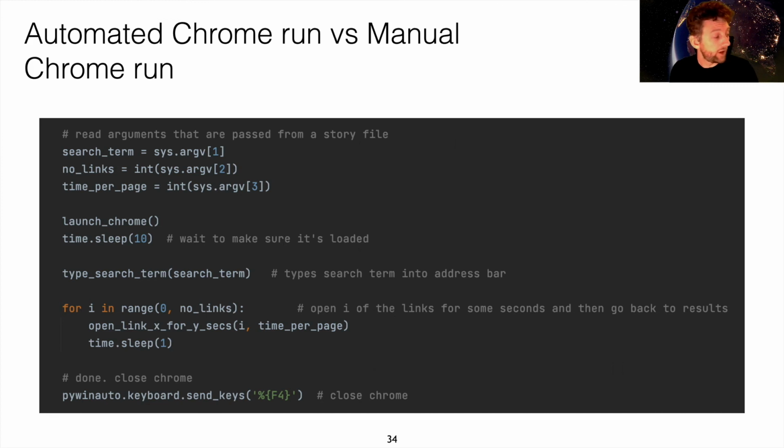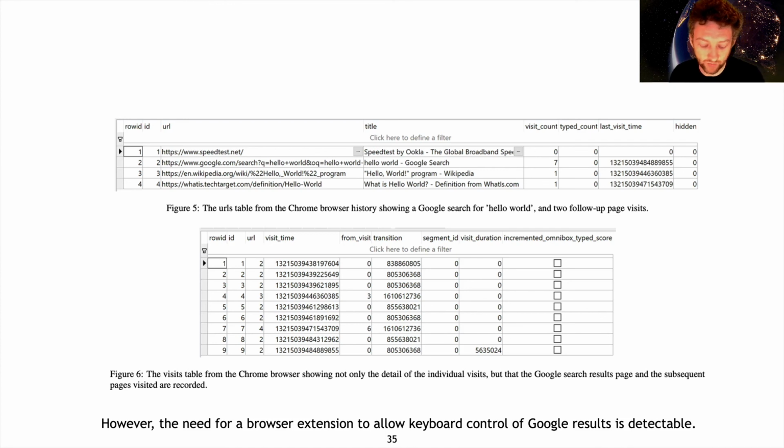The results from the browser experiments were quite interesting. Whilst we did install a browser plugin to allow the tab key to be used to navigate through the results, aside from the presence of that browser extension in Chrome, the results between the automated version and a user manually searching for something, clicking one of the results, going back, clicking a different result, going back, was actually recreated very well using just the keyboard.